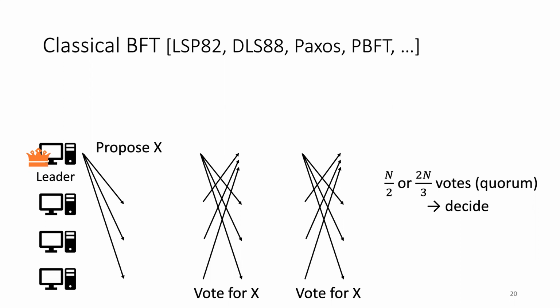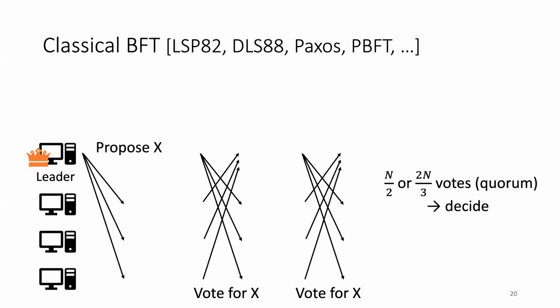First, it's a fixed number of participants. I will designate a leader. The leader makes a proposal. Then the participants vote in a few rounds, usually 2 rounds, sometimes 3 rounds or 1 round. And if both rounds produce enough votes, then that's it. We will make a decision right there.